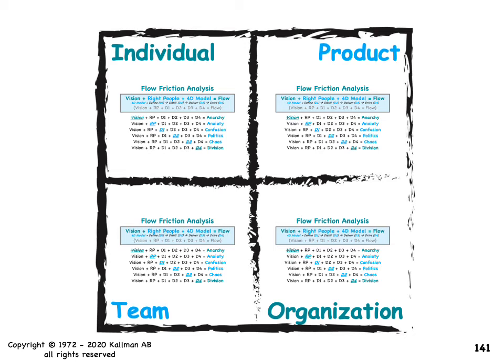We can do this via surveys. We can create a team radar, almost like a health radar, based on the flow friction analysis. And then over time, you do snapshots in time. If you're doing this for a team, for example, you might do it on a monthly basis.